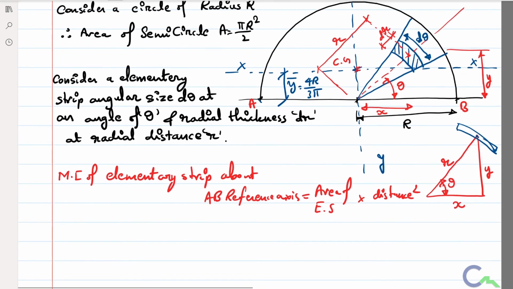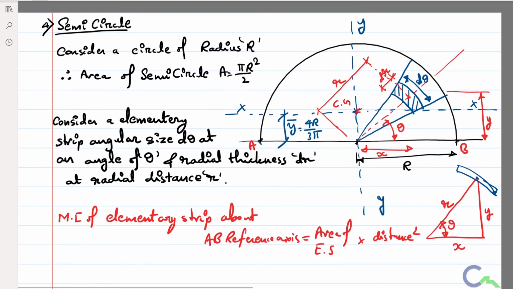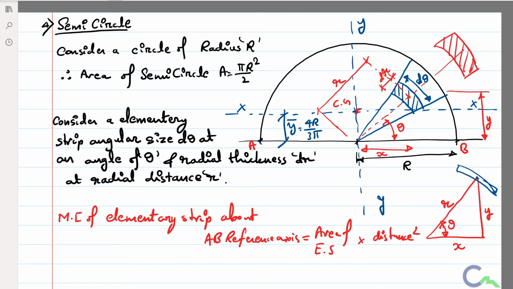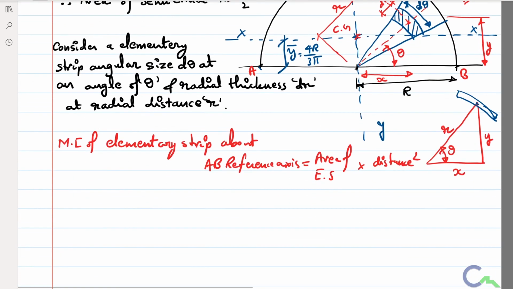Let us calculate the area of the elementary strip. If I have this elementary strip like this, the arc distance I can calculate, that is r into d theta, then the thickness is dr. Therefore the area of the elementary strip I can take as arc distance into thickness.